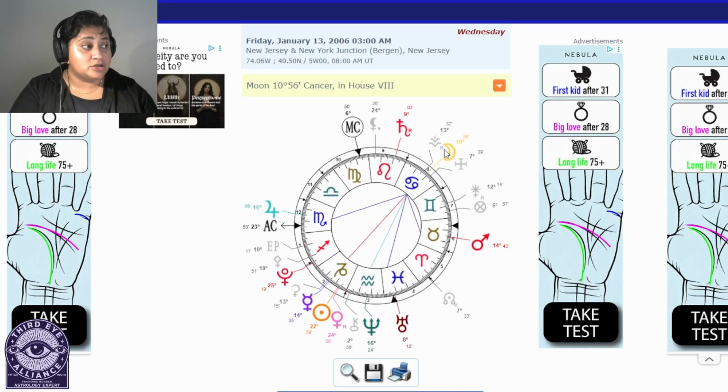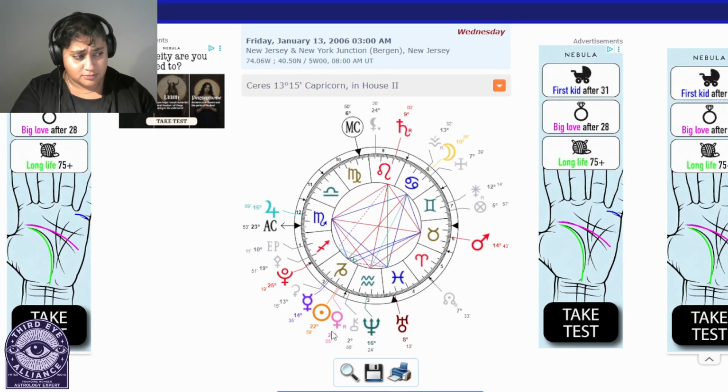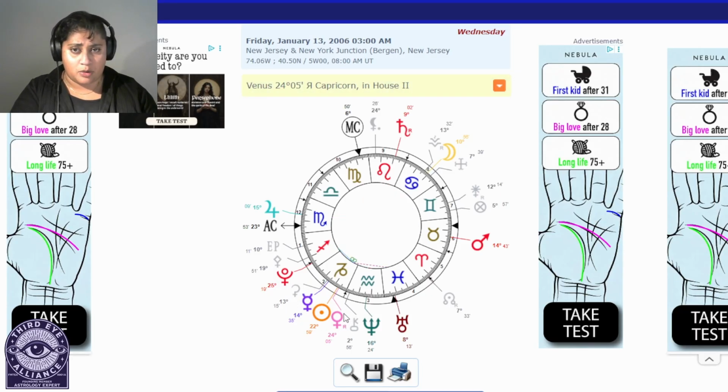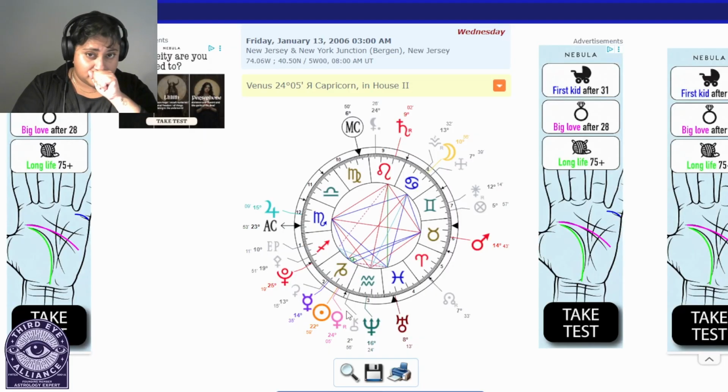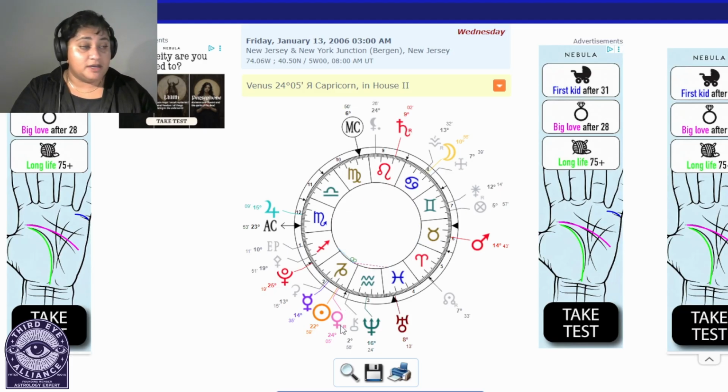It's so interesting. Look, with this chart, we see that Wednesday Addams has a stellium in Capricorn. Now, Capricorn, they can be very prickly. Okay, we got Venus retrograde.